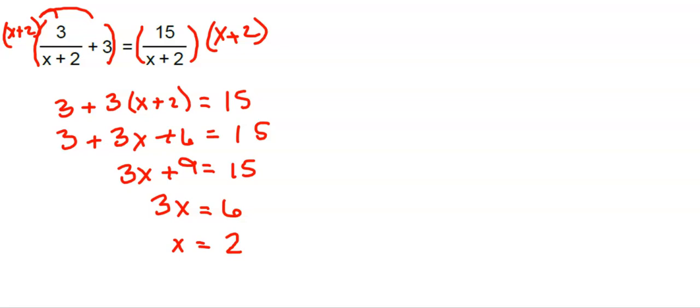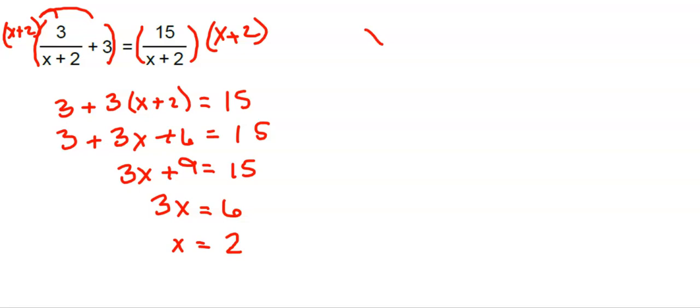Now there's one more thing we need to check before we are convinced that this is the solution, and that is we need to look to see if we have any restrictions on the variable. Restrictions are numbers that make any of our denominators equal to 0. And since we have variables in the denominators, we will have restrictions. X plus 2 is in our denominator on the left side and the right side.